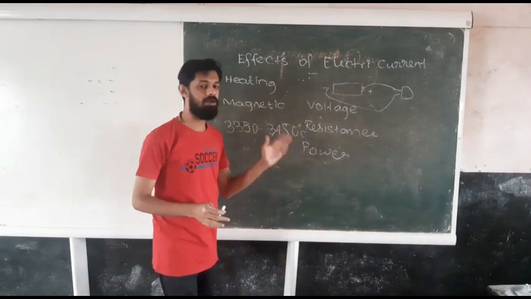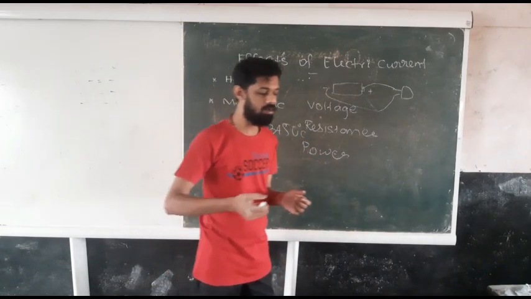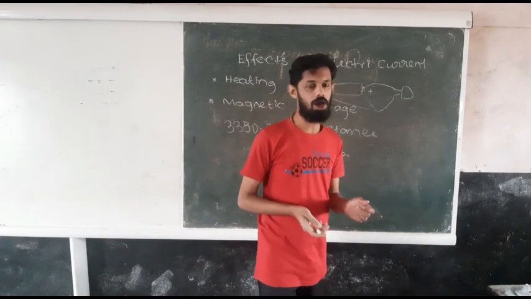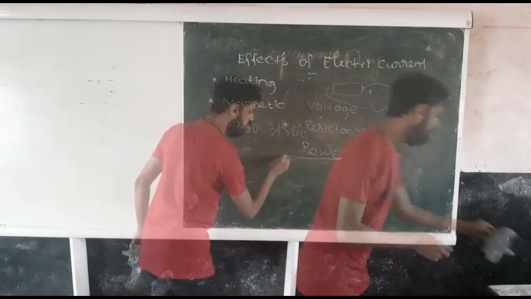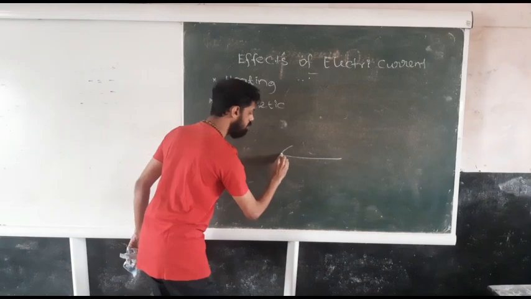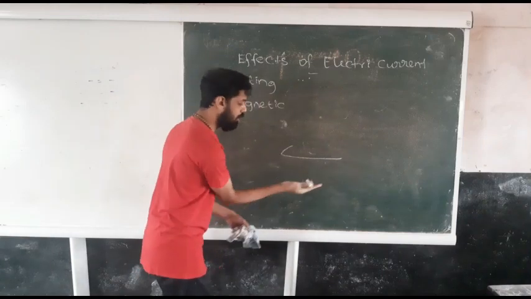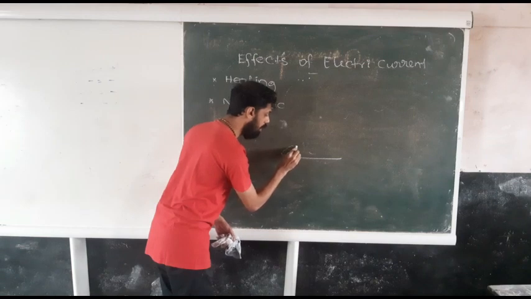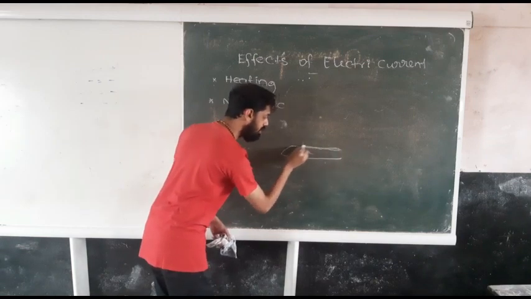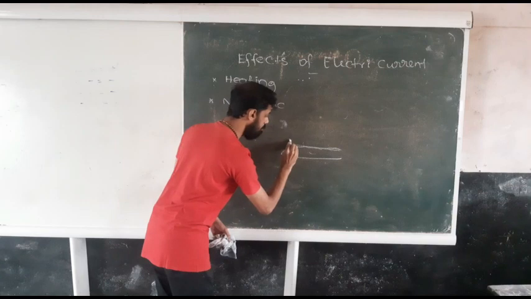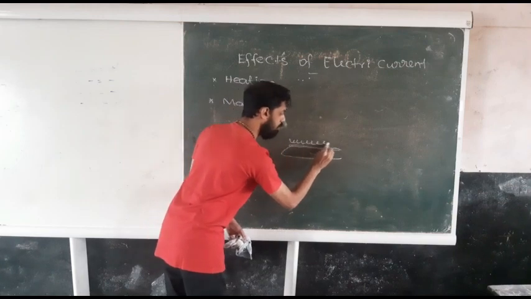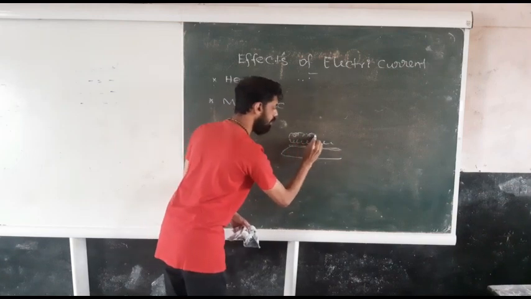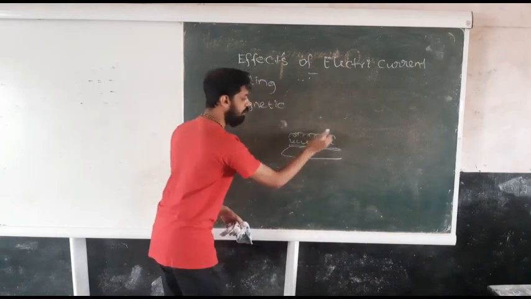Next one is electric iron. Iron box, everyone is familiar with the iron box. The iron box consists of a heavy metal at the bottom part. Again one mica sheet will be there, then one coil, that is nichrome coil.